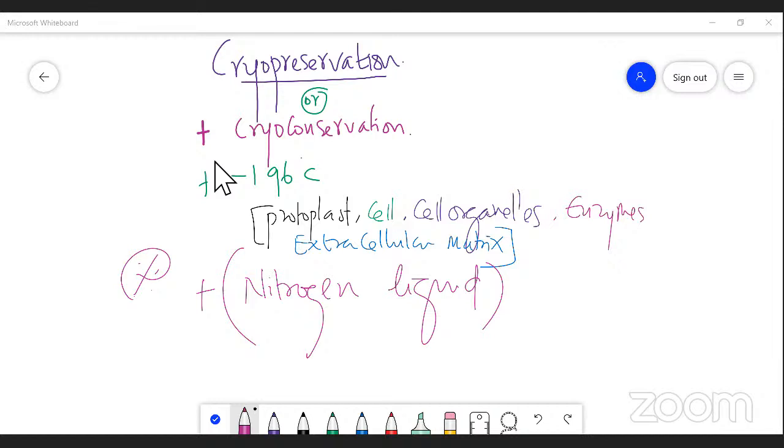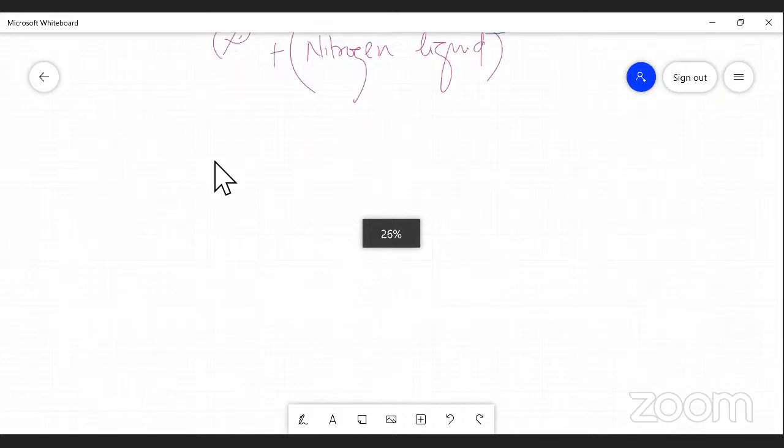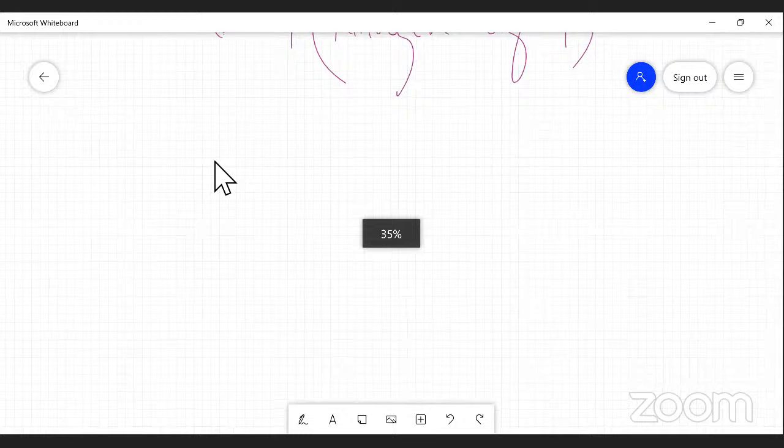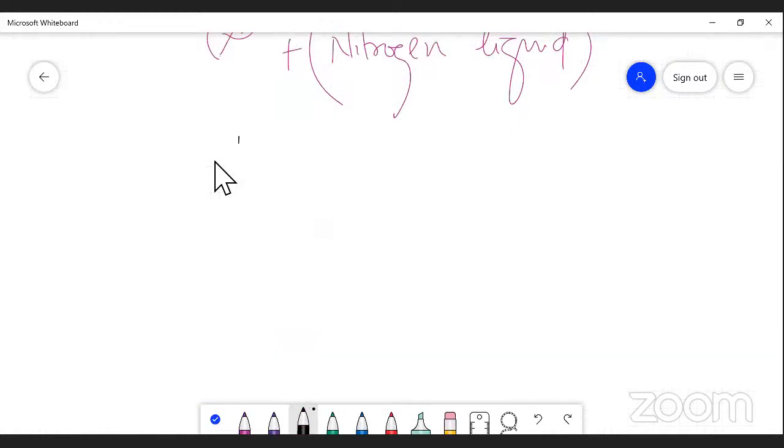Okay, next we pass on to cryopreservation protectants. Some protectants are also used, right?